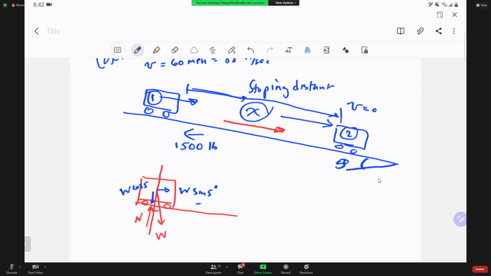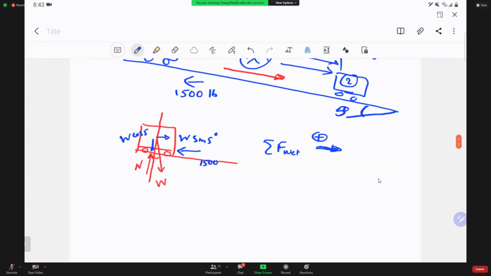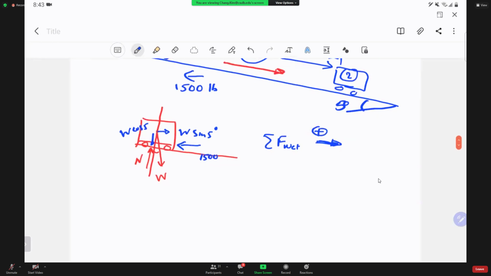And there is a resistance. Braking force is applied constant, 1,500 pounds against that motion. Okay, so we need to find the net force acting in this direction. I'll call that positive.